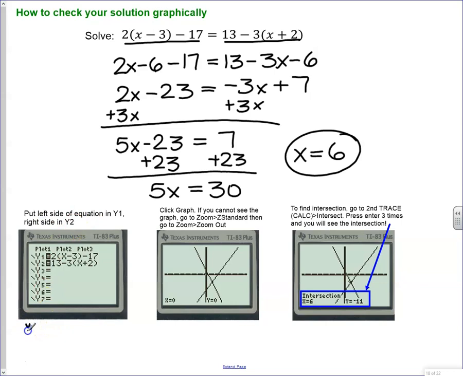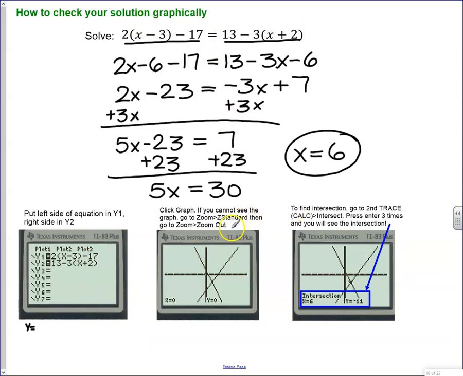There's a y equals button that's right up here. Looks like y equals, and you push that one. And then I'm going to put the left side of the equation in this first y value. And then in y2, I'm going to put the right side of the equation. I'm not even simplifying it. I'm just putting it in just like it looked up here. Then you're going to click graph.